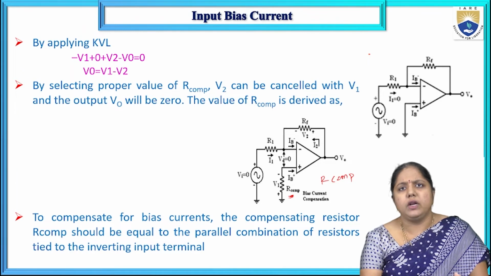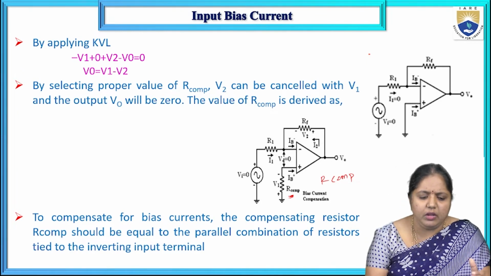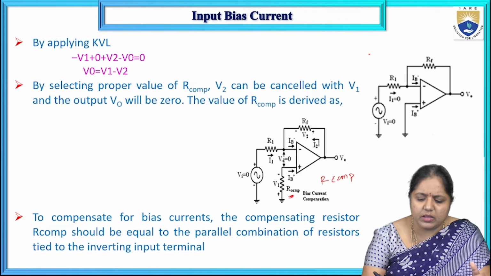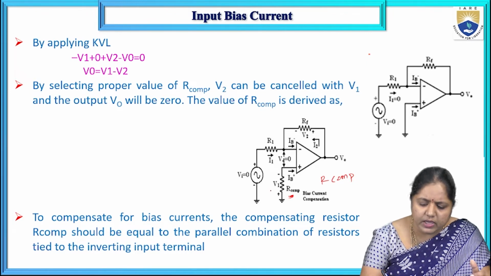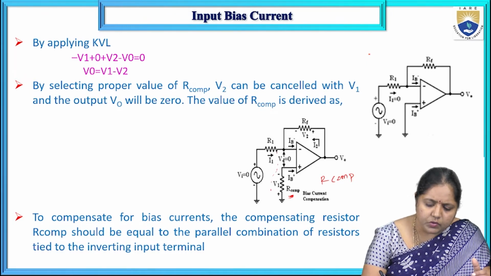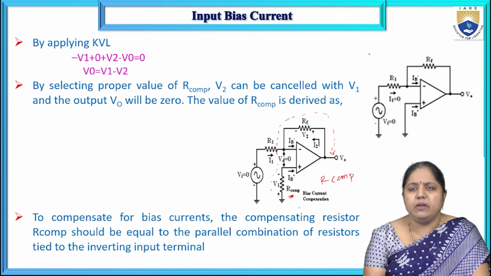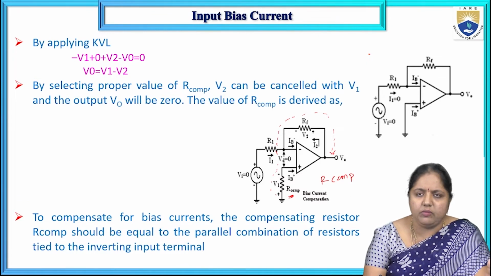To find the R compensation value, first I just apply KVL to this loop, in this dotted line representation. What is the KVL equation for this?